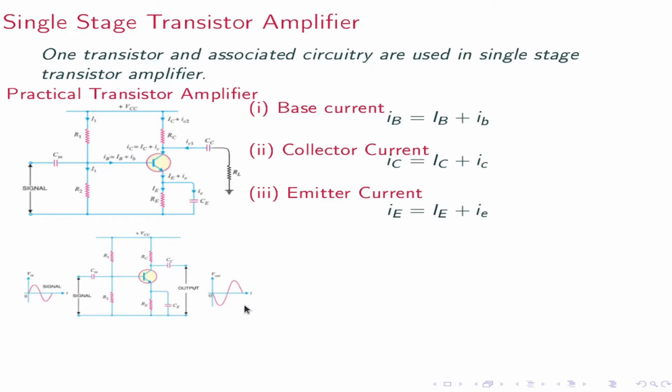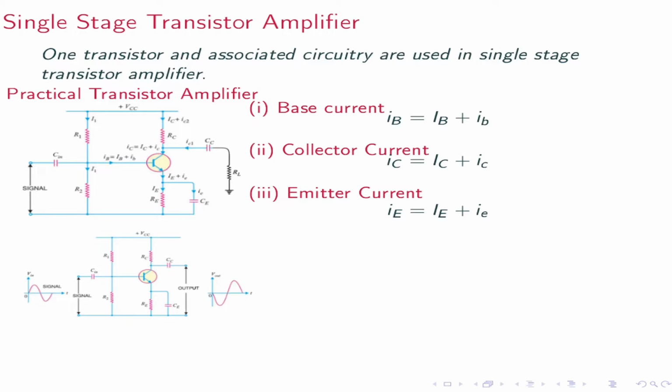Here I have given an input signal. The output is like this. In the positive half cycle of the input signal, the base current increases. Since the base current increases, the collector current also increases because IC is beta IB. Since the collector current increases, the voltage drop across RC also increases, that is ICRC increases.